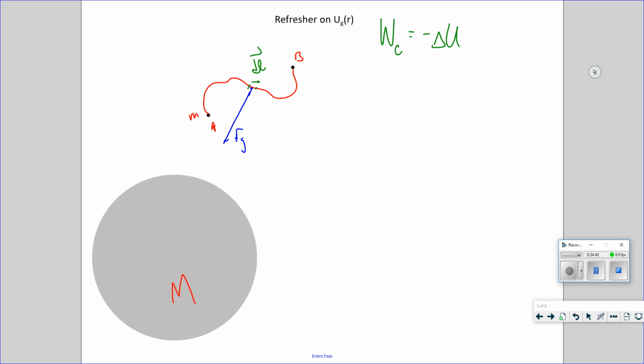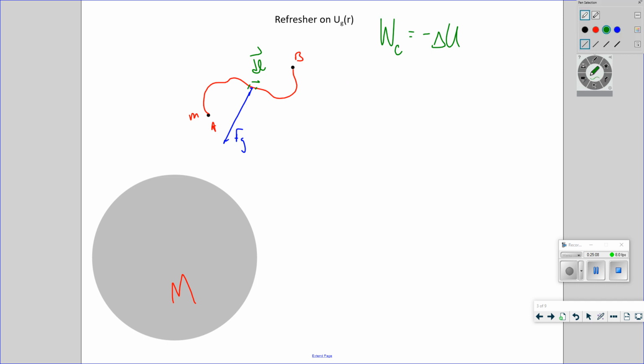All right, so in our little dl here, in our little tiny distance, there's a little tiny change in system gravitational potential energy, and that's equal to the negative of the tiny little bit amount of work done by the conservative force.